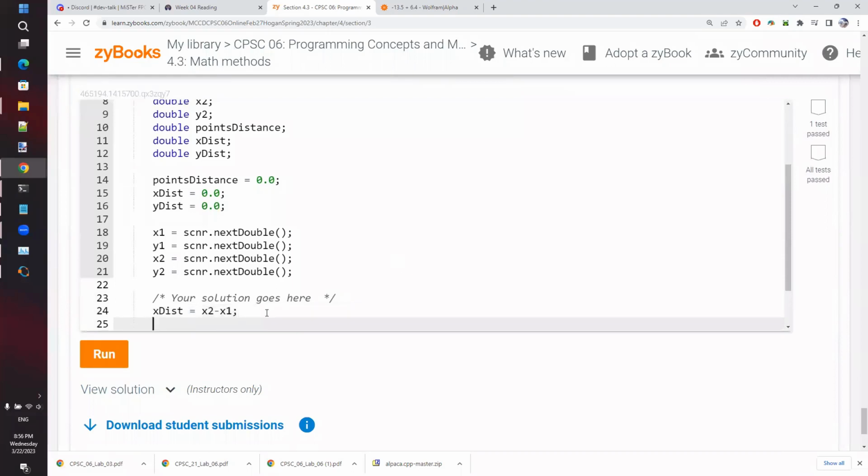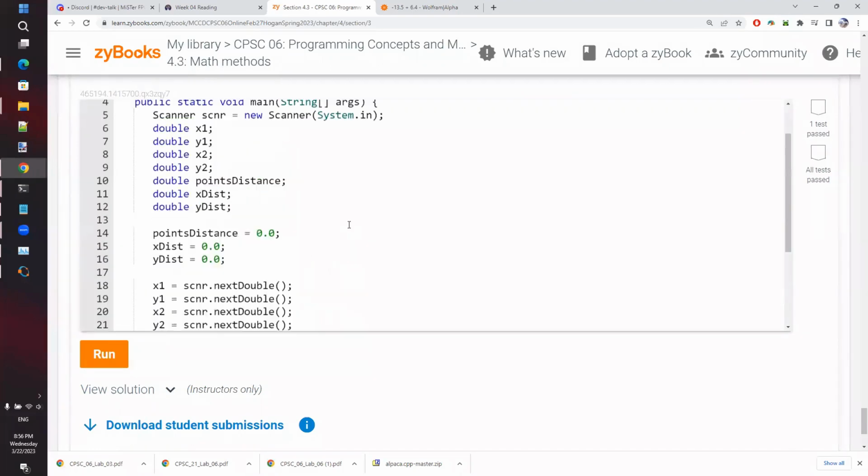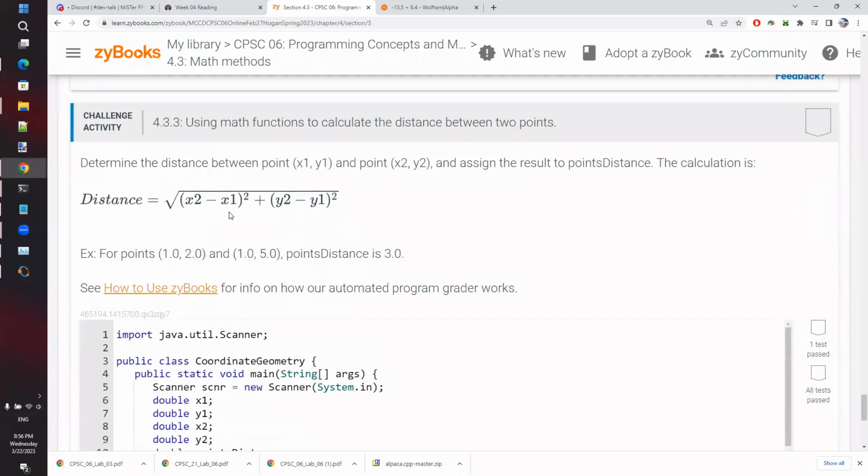And I'm going to say that the y distance is the same thing, but for y. So y2 minus y1. Okay, so I've now calculated a little part of this. I've calculated the inside here, and I've calculated the inside here.